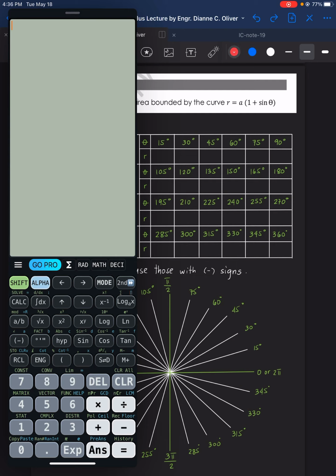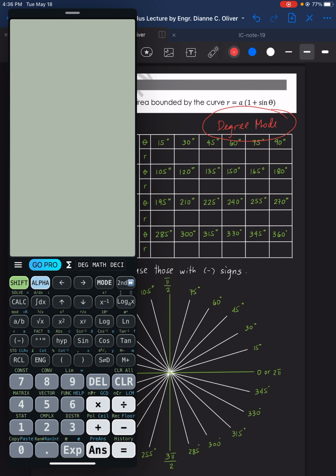Again, when sketching the curve, we use the degree mode for the table. So degree mode, it should be in degrees. Type in the formula, the function 1 plus sine alpha x.